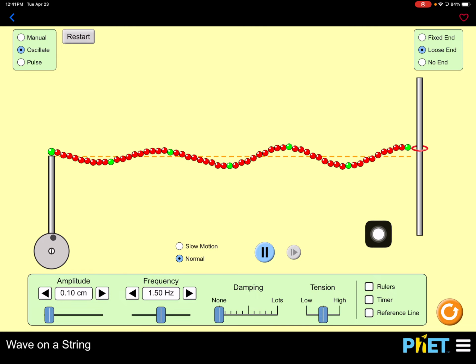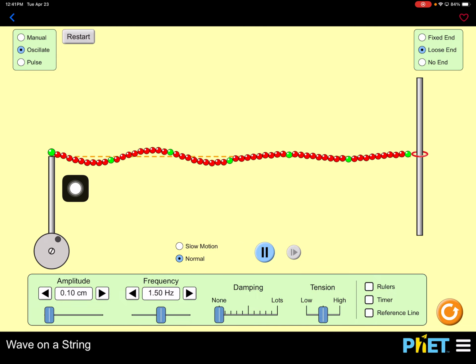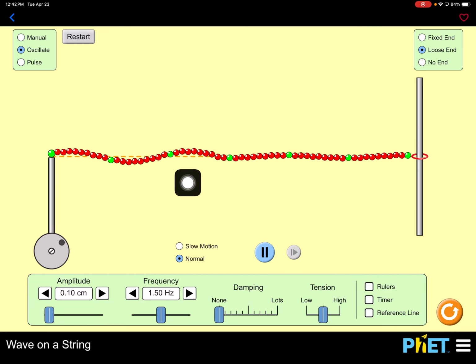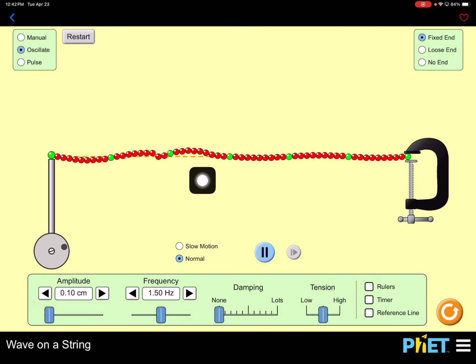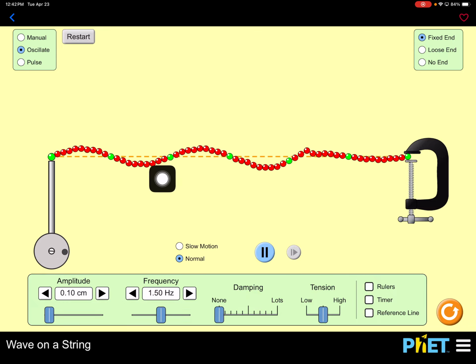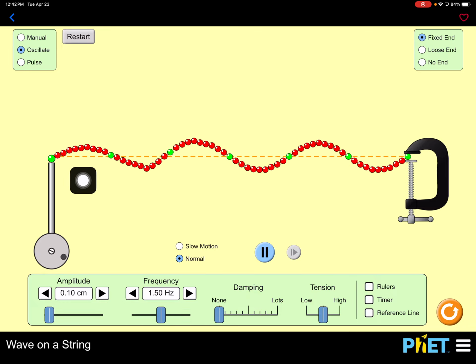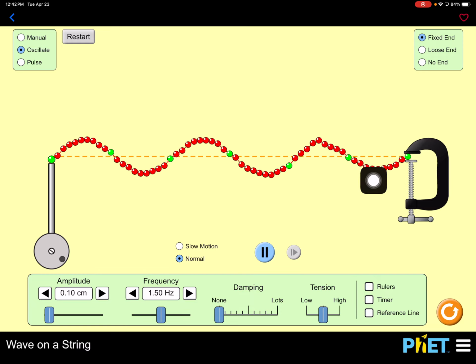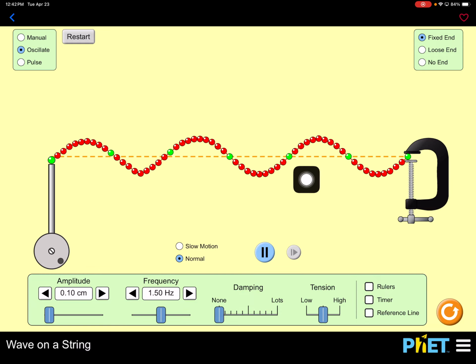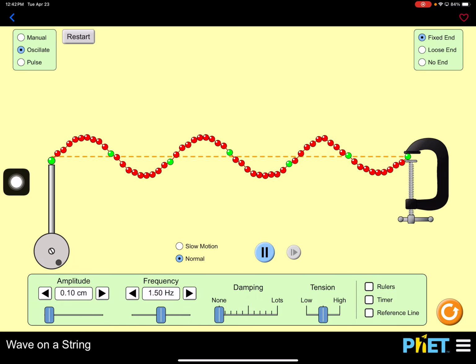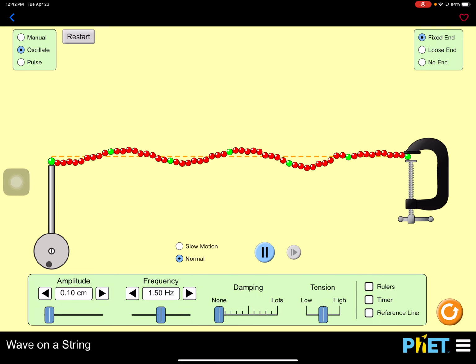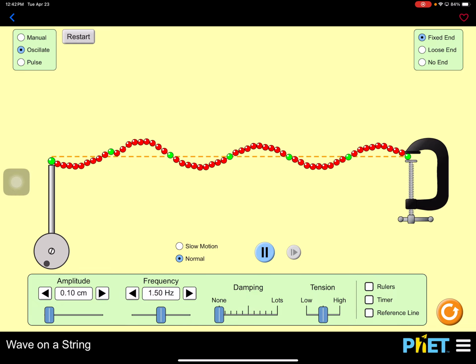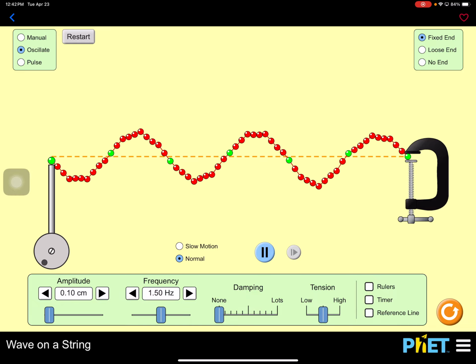Okay, the reason we'll talk about that is in most instruments, what you do is you pluck a guitar string, for instance, it travels, and then this wave gets reflected from this end. And when two identical waves travel in opposite direction in a medium, you'll get what is called a standing wave. Okay? So you generate standing waves in all instruments. So we'll talk about that.